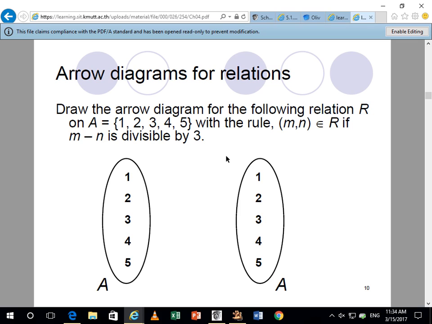And for 2, again, you can map 2 to 2 or 2 to 5. 3 maps to 3 only. 4 can be 1 or 4. 5 can be 2 or 5. But you only pick one of the two possibilities. Otherwise, we're not defining a function.